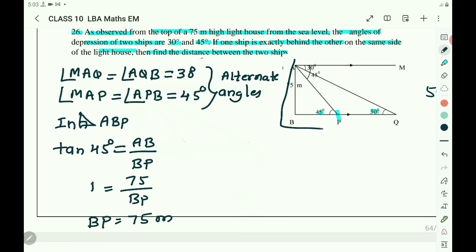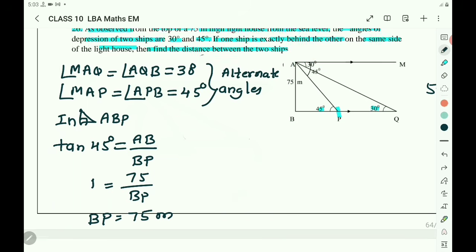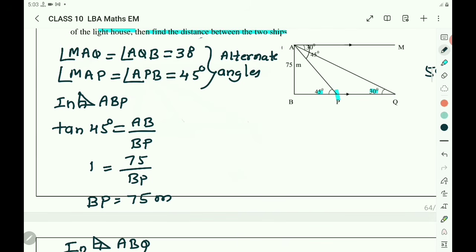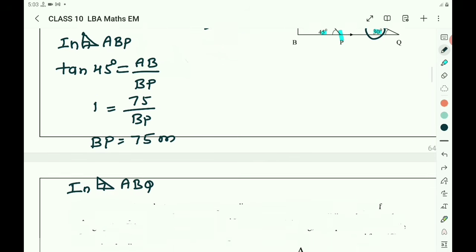Now you take the triangle ABQ. In the right angle triangle ABQ, for this 30 degree, AB is the opposite side and BQ is the adjacent side. Again use the trigonometric ratio with opposite side by adjacent side.